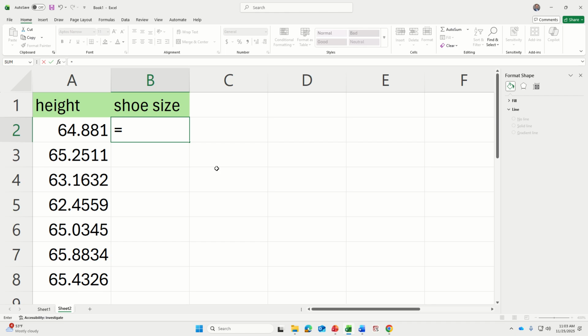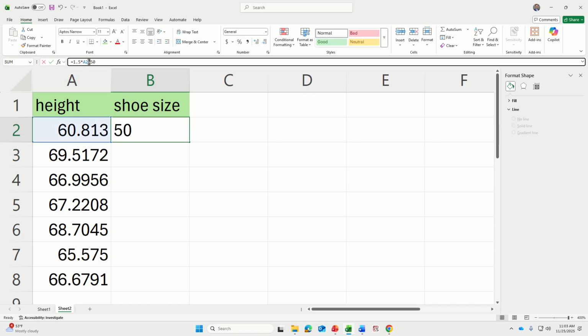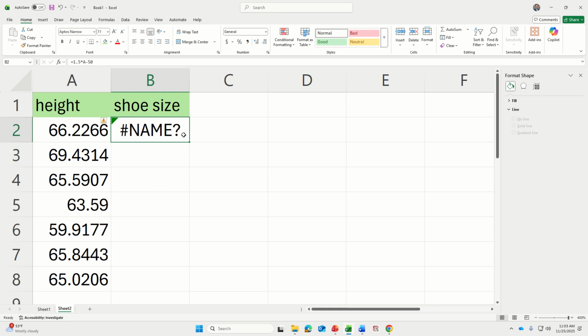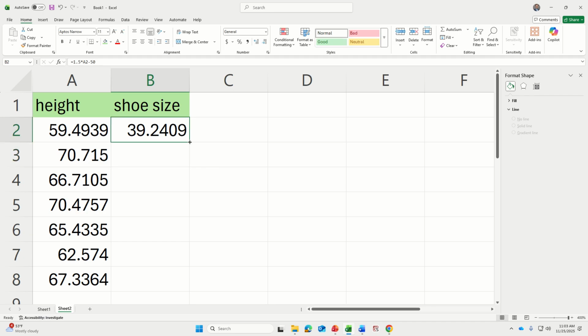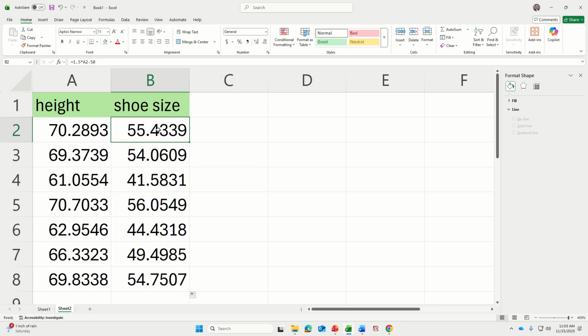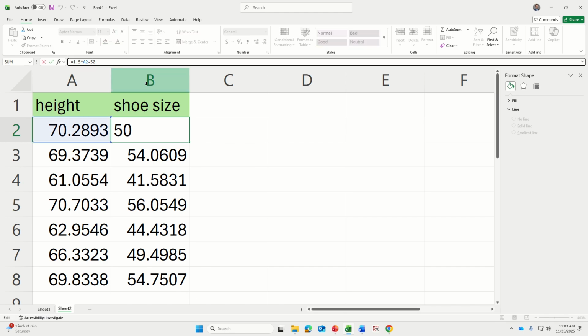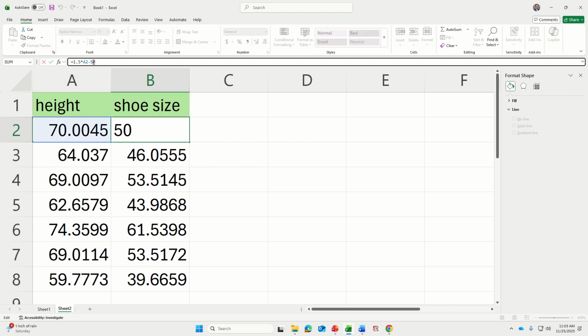So I'm trying to think of what the slope's going to be. I don't know, let's say 1.5 times the height plus 50. Let's see how that gets us. Does that give us, no, minus 50. Let's see if that gets us some reasonable shoe sizes. That does not work. I said minus 50. Maybe it should be like minus 100.